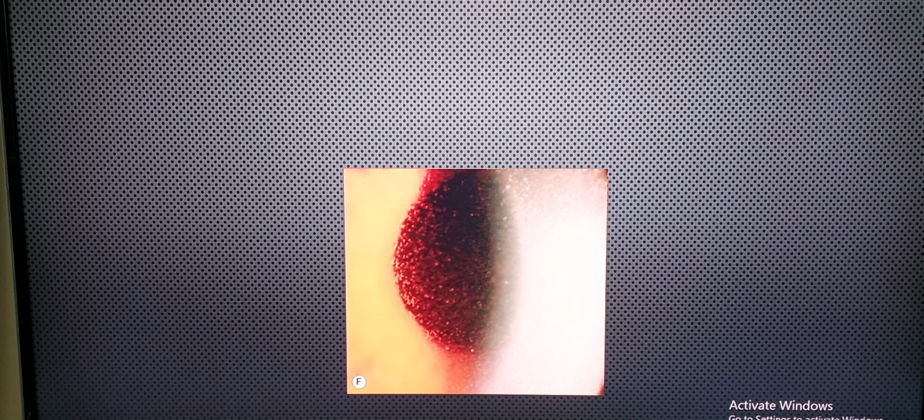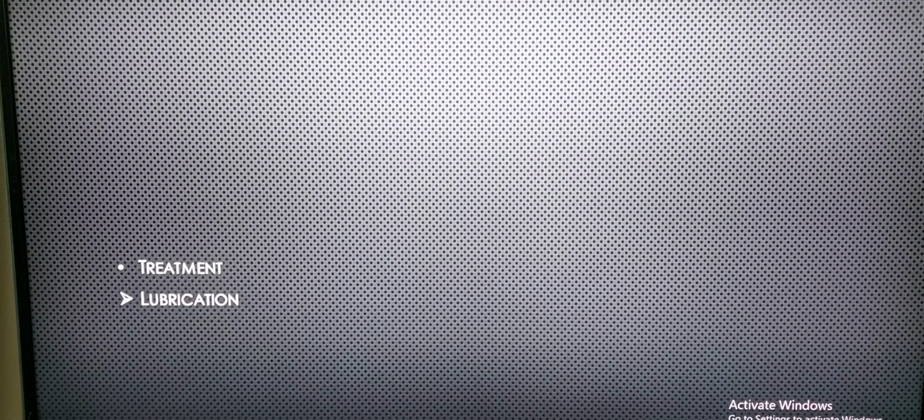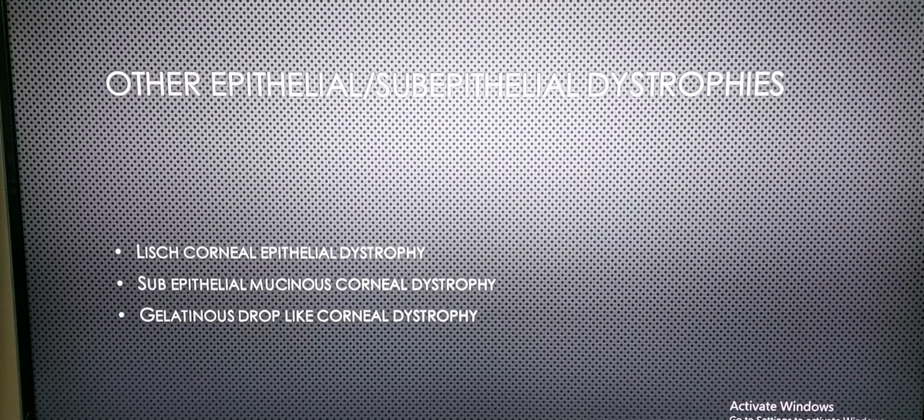This picture shows tiny epithelial cysts of uniform size. Treatment is lubrication for corneal erosions. Besides these, other epithelial and subepithelial dystrophies are Lisch corneal epithelial dystrophy, subepithelial mucinous corneal dystrophy, and gelatinous drop-like corneal dystrophy.